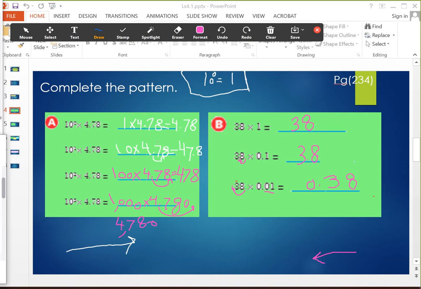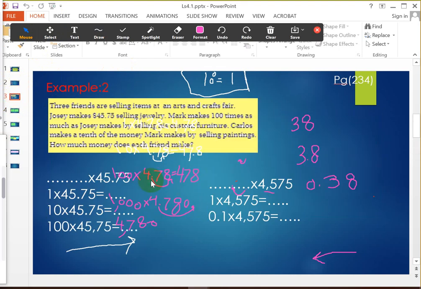Yes. In A. Yes. That's example 2. Number 2, this one? This one? Not in A. Which one? The first example? First one. Yeah. This one? Yeah.